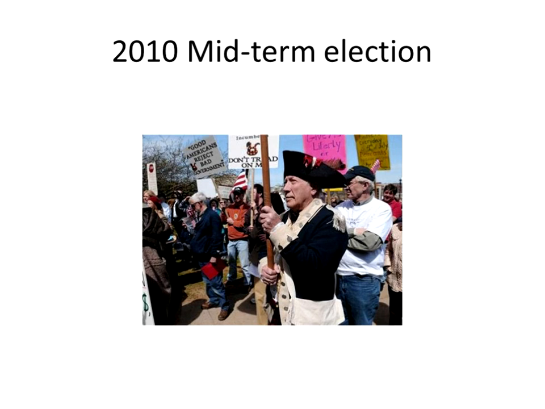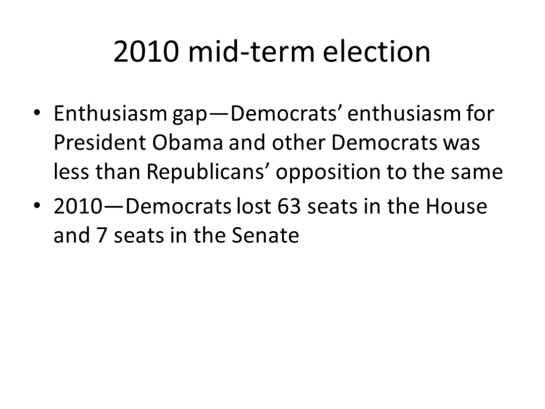And one faction of the Republican Party, the Tea Party, was very intense, and they had a strong drive to consistently get out there and be active and to vote. That was reflected in the outcome of the 2010 midterm election. One of the big issues was what's referred to as the enthusiasm gap.